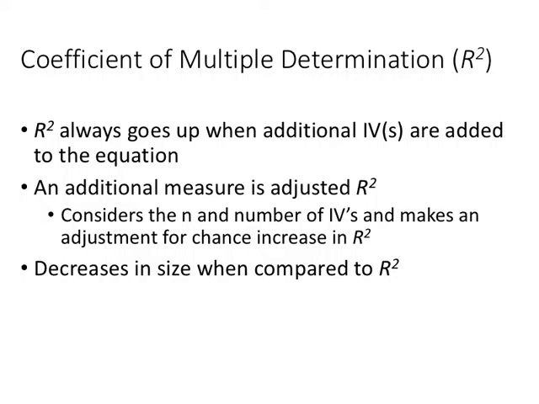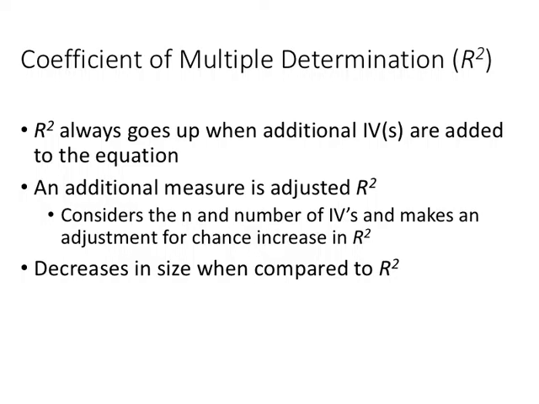And so there's an adjustment that we do, and that's the adjusted r squared, that considers the number of independent variables. Essentially, if you have a bunch of variables in your analysis that are not contributing to the explanation of the outcome variable, you will pay the price with a lower adjusted r squared.